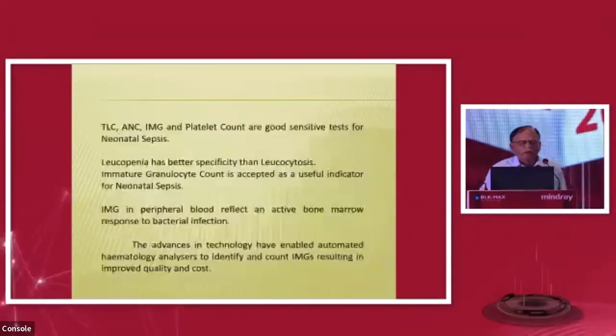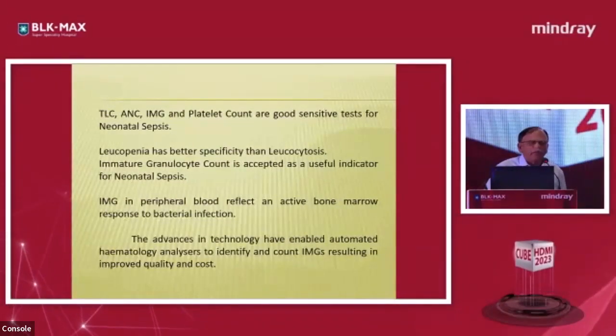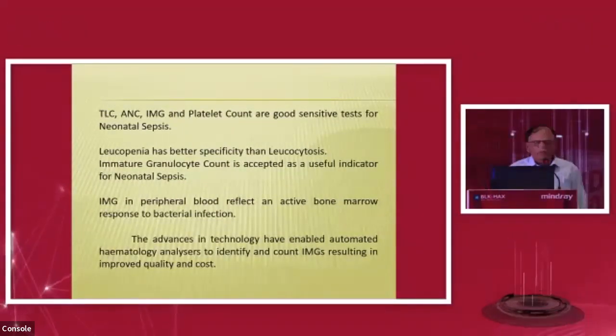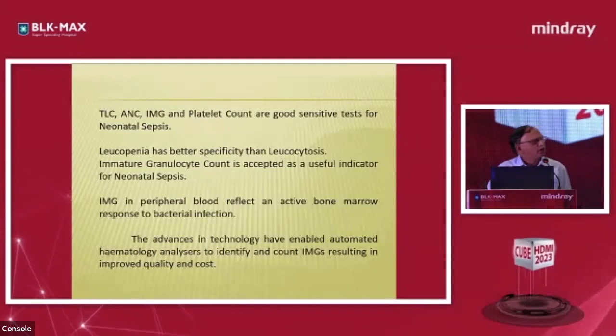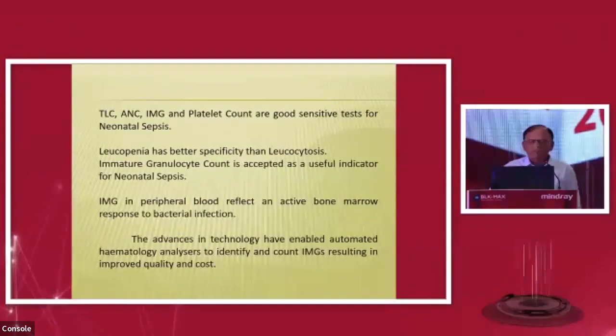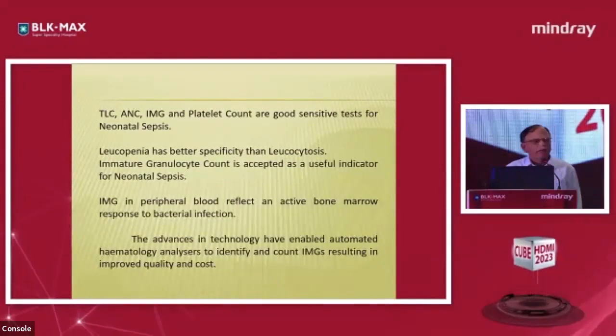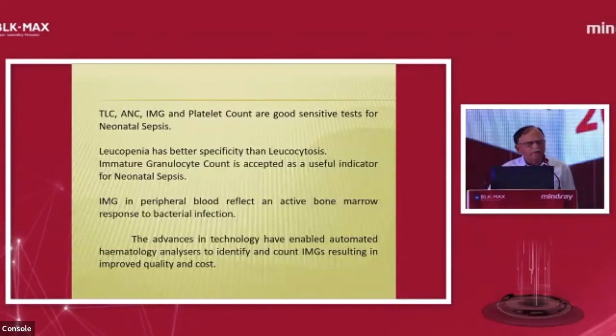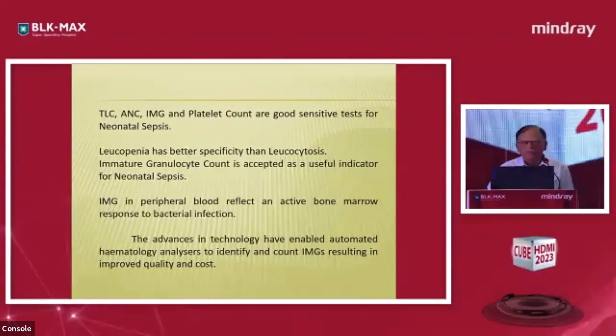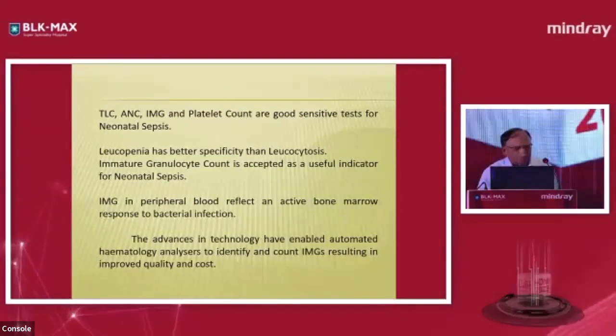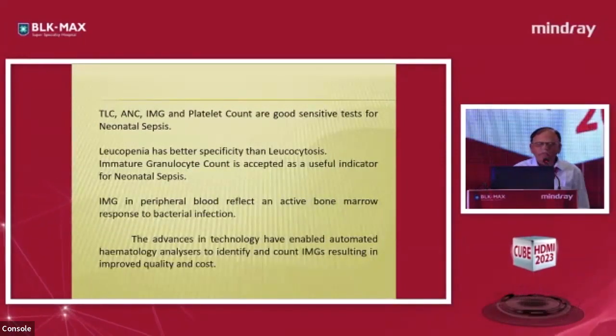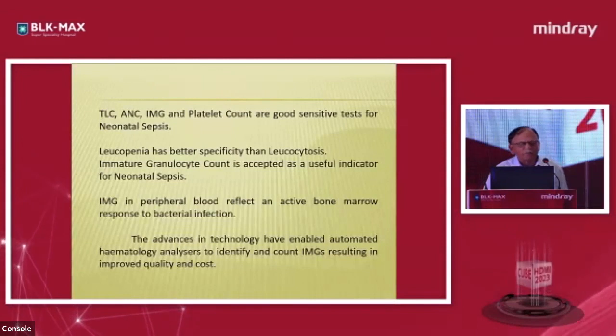Now, total leukocyte count, absolute neutrophil count, immature granulocytes and platelet count are very good sensitive tests for neonatal sepsis, and leukopenia has better specificity than leukocytosis. Immature granulocyte count is accepted as a useful indicator for neonatal sepsis.